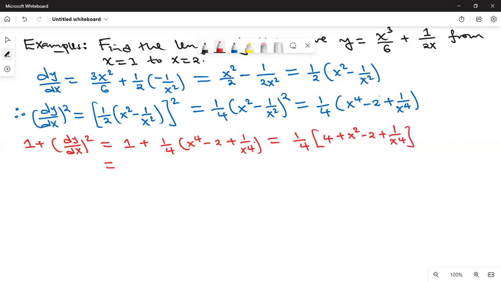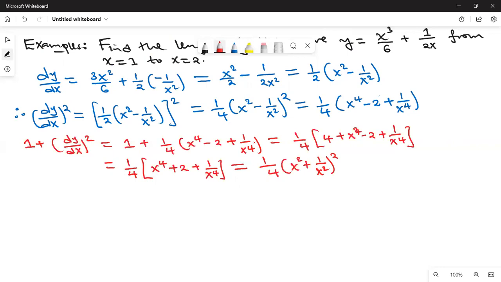And so this is equals to 1 over 4 in bracket, this is x raised to 4, take note of that, x raised to 4 plus 2 plus 1 over x raised to 4. And so when you factorize, this bracket is the same as 1 over 4 times x squared plus 1 over x squared. When you factorize, you get that this is squared.